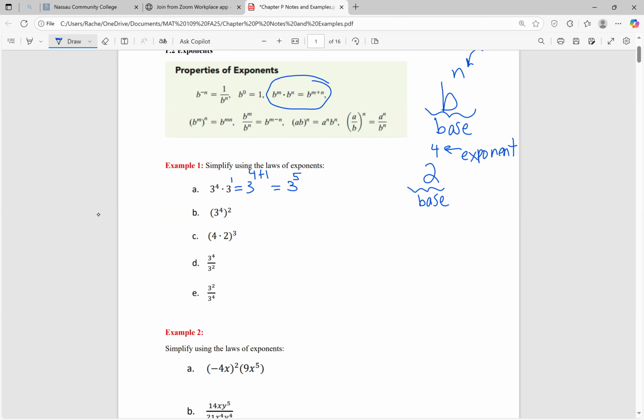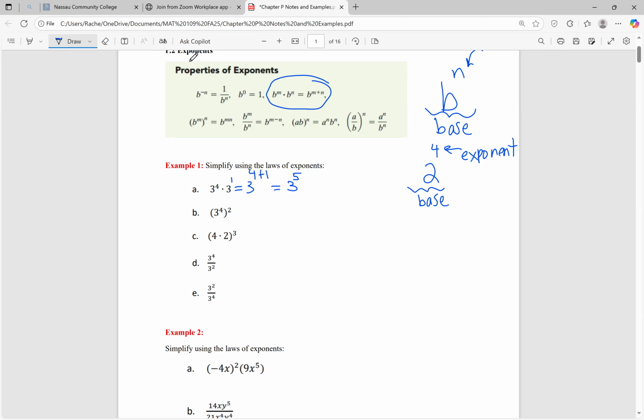Now, we could simplify that further. So we might as well introduce how to enter a base and an exponent using the calculator. This will be our first little calculator lesson in terms of how to use exponents. Many of you are familiar with it, but just in case you need a little refresher, I'll go through this. So let's evaluate 3 to the 5th power.